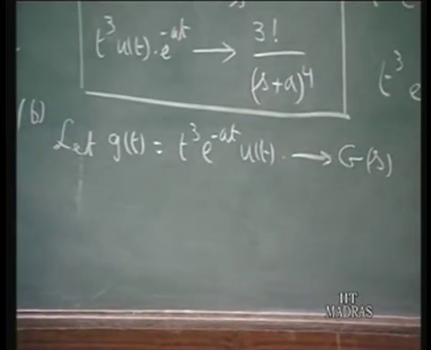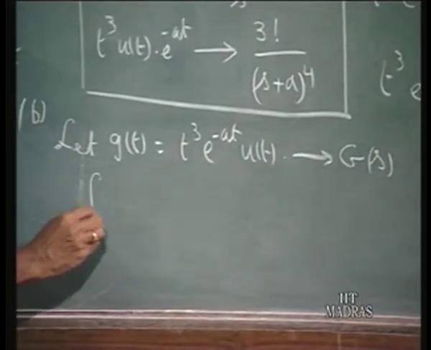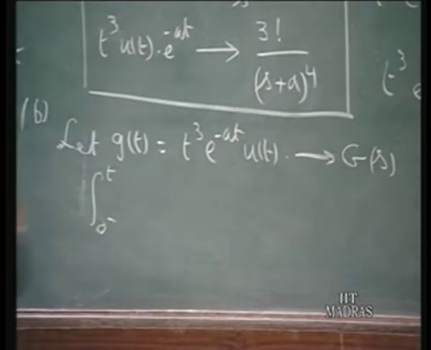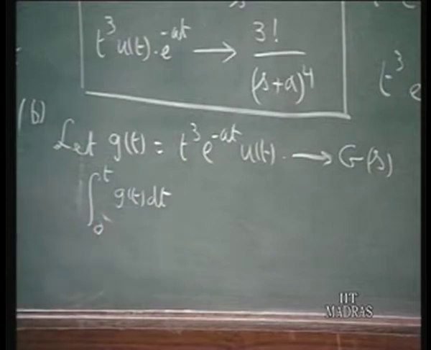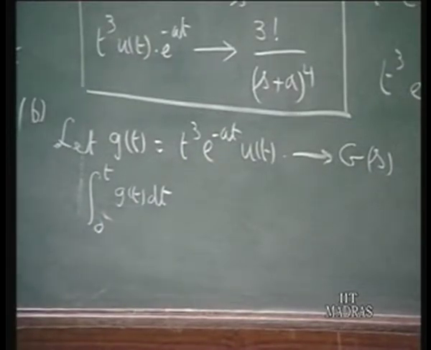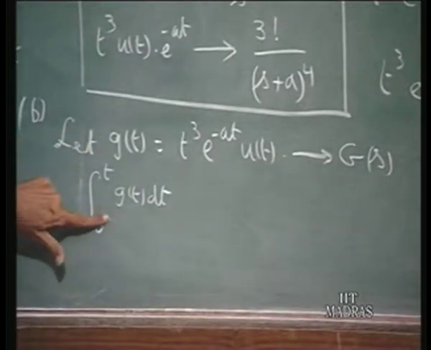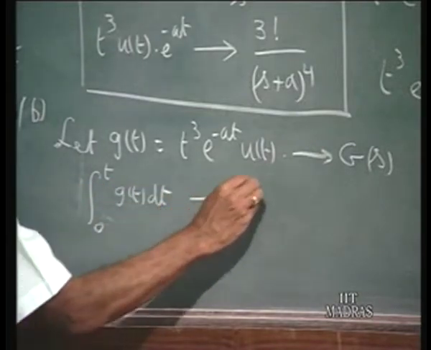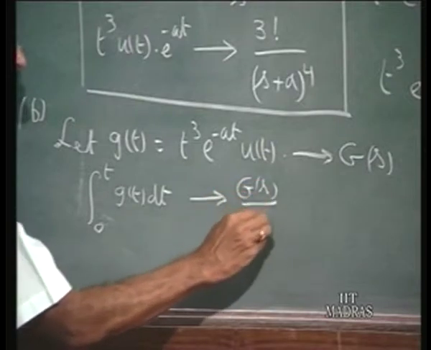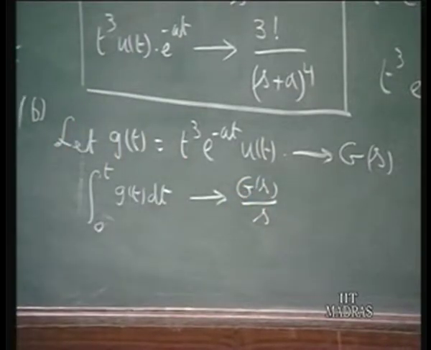Now, if I take the integral from 0 minus to t of g(t) dt, you can say 0 because the 0 plus value of g of t is also going to be 0, therefore, whether you take 0 minus or 0 plus makes no difference. So, I simply write 0 to t of g(t) dt. This has got the Laplace transform g(s) upon s, because the initial value of the integral is taken to be 0.